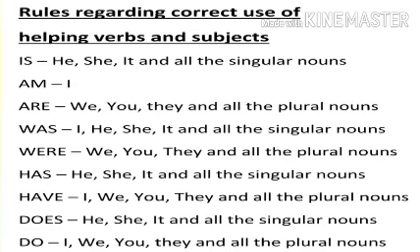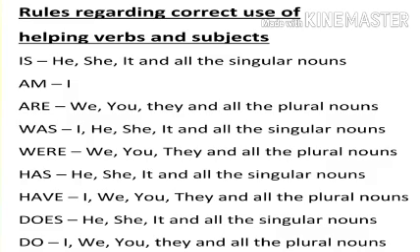These helping verbs are used with certain subjects. Let's see. Is is the helping verb which is used when the subjects are he, she, it and all the singular nouns.